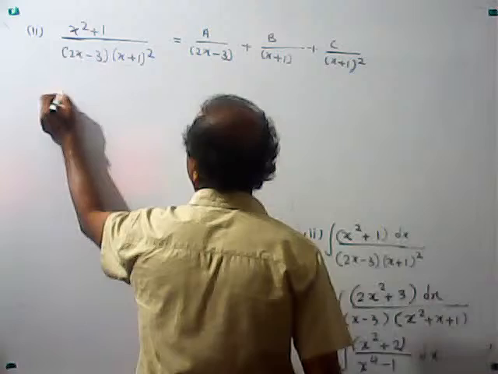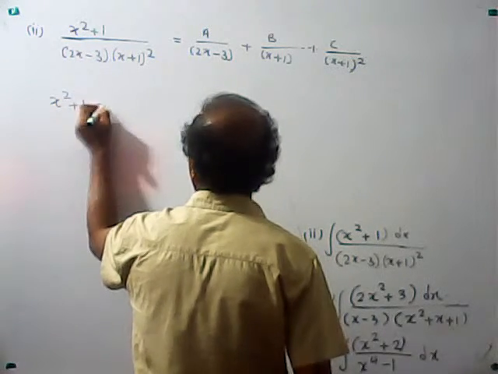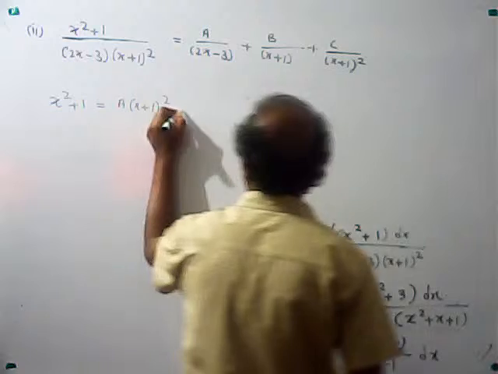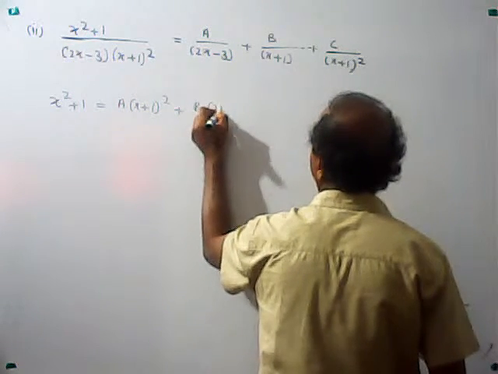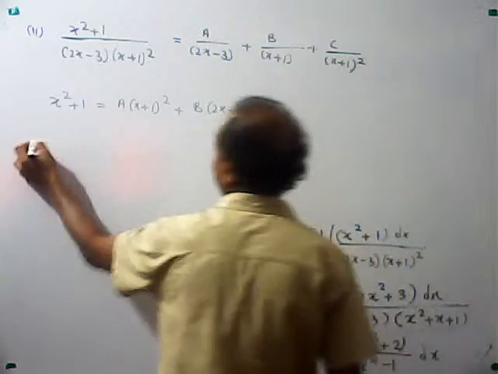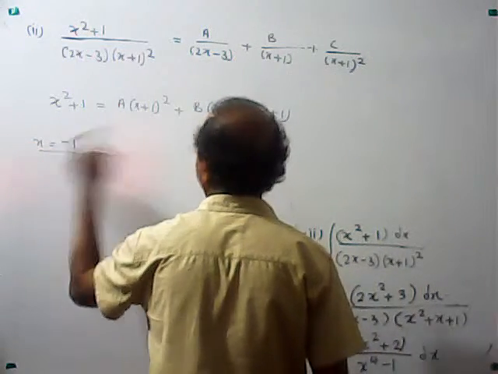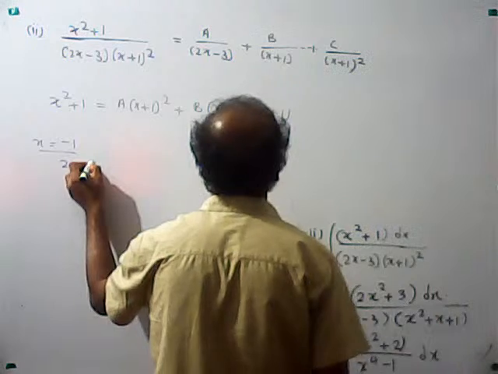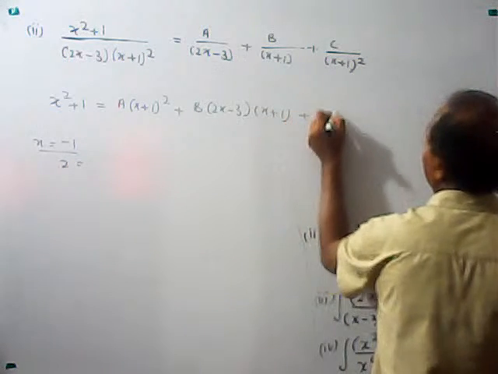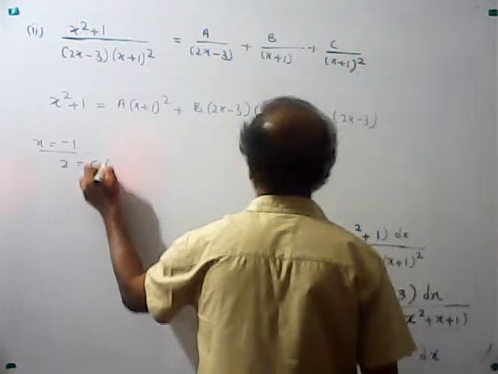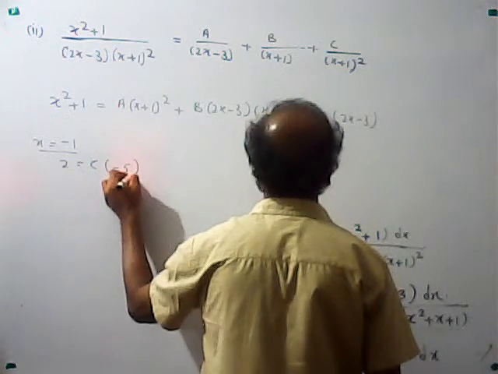Equal to the numerators. So x equals minus 1 gives 2 here, plus C into (x - 3), equals C times minus 1 is minus 5.